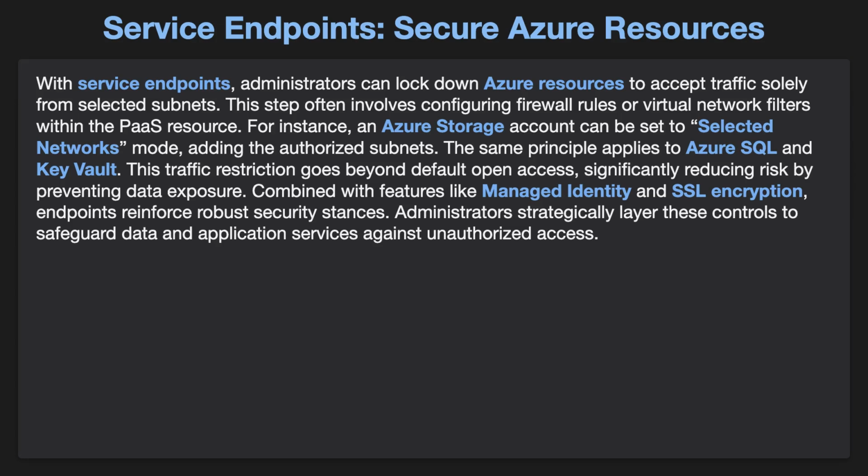This traffic restriction goes beyond default open access, significantly reducing risk by preventing data exposure. Combined with features like managed identity and SSL encryption, endpoints reinforce robust security stances. Administrators strategically layer these controls to safeguard data and application services against unauthorized access.